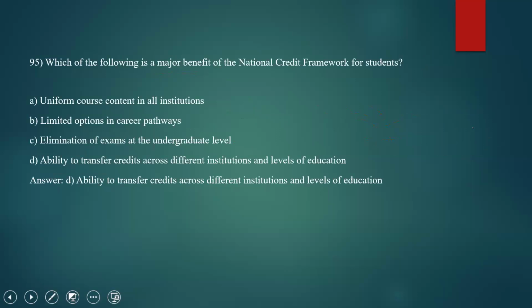95. Last 5 questions. Go. Which of the following is a major benefit of the National Credit Framework for students? That's the main thing: we can transfer the credits across the universities. For example, in PG, for your MD course, in first year you are studying in one medical college, and the next year you can study in another medical college.